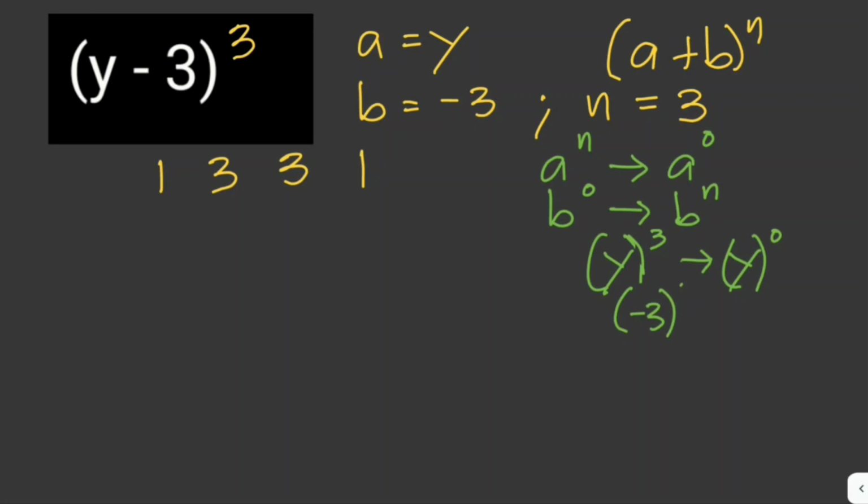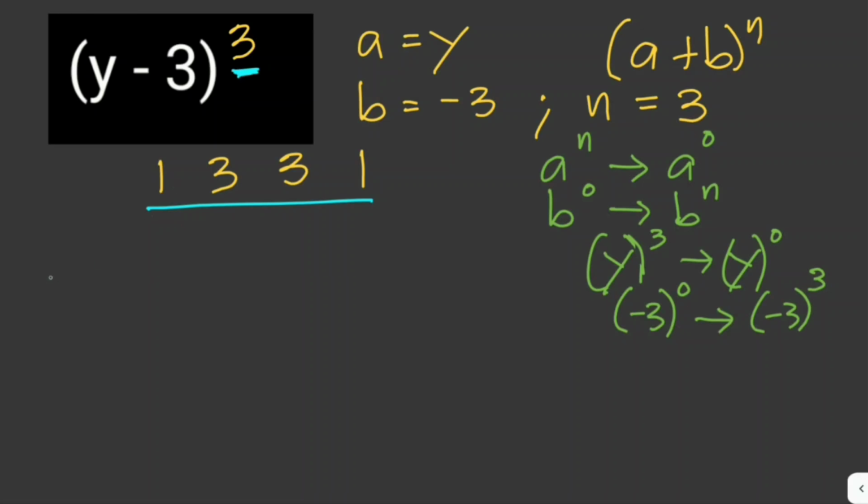From 0 to 3, negative 3 cubed. Alright, so let's start expanding this. You would only have 4 terms since our exponent is 3.